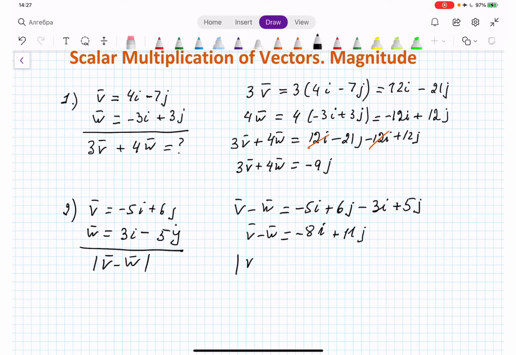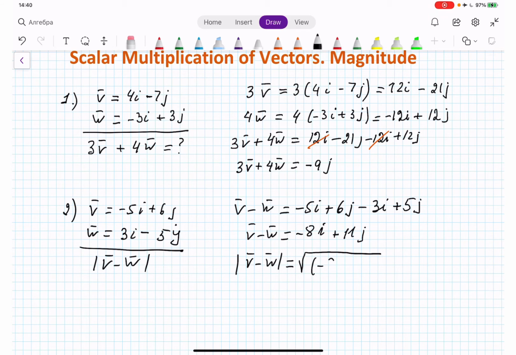Now let's take the magnitude. Magnitude of vector v minus w. Okay, and this is equal. So practically we are figuring out the magnitude, right? The length of the vector that represents the difference between vector v and vector w.